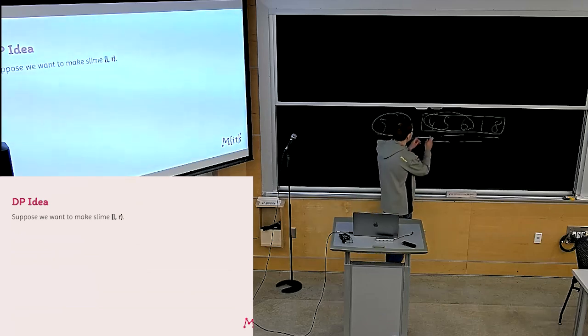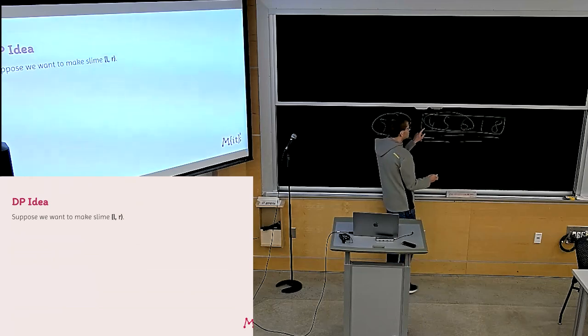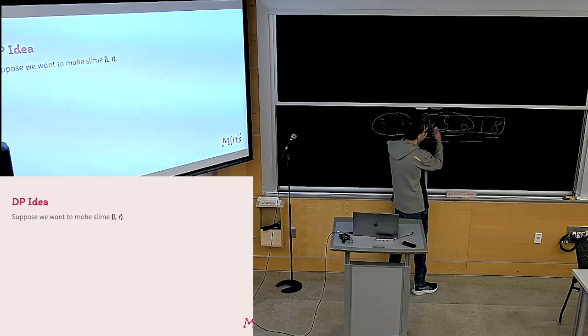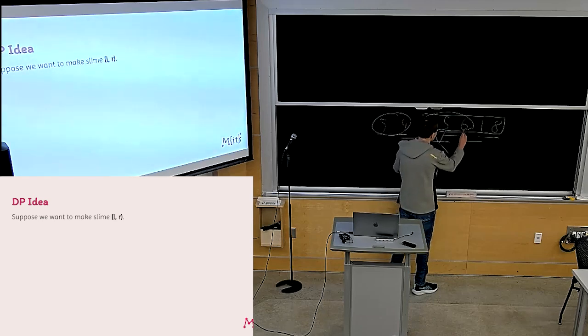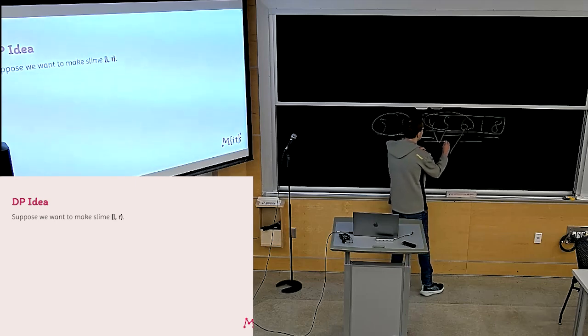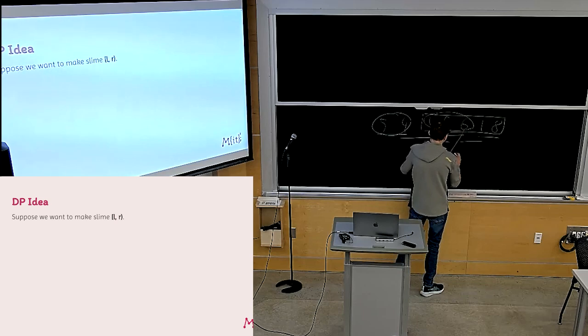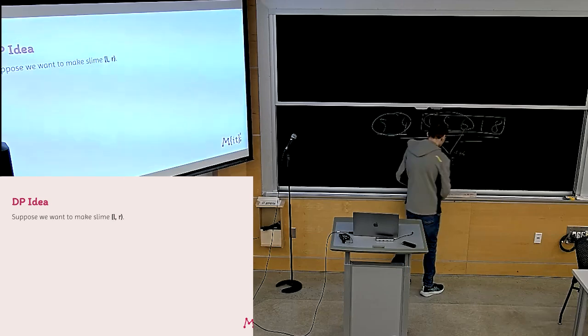So for example, in this case, for the subarray from the 4 to the 6, the DP state would be the minimum cost to merge all 3 of these, and the optimal way to do that is to merge 4 and 5 first, and then 6. So that would be 9 plus 9 plus 6, which is 9 plus 15, which is 24.